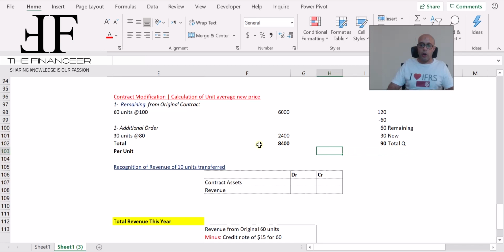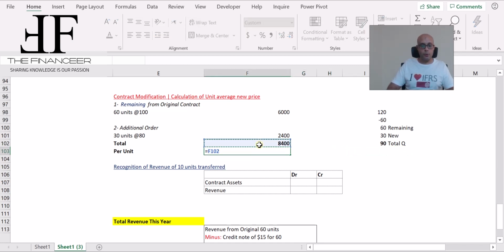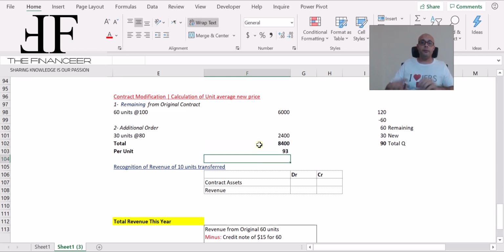So you are going to divide the total value, which is 8,400, by the total quantity, that includes both parts, the remaining and the new, in order to reach the average price for each unit of these 90 units. So this will be the price, and this will be the value that you have to do accounting based on in your records, based on the new remaining quantity and new additional units that you agreed with the customer.